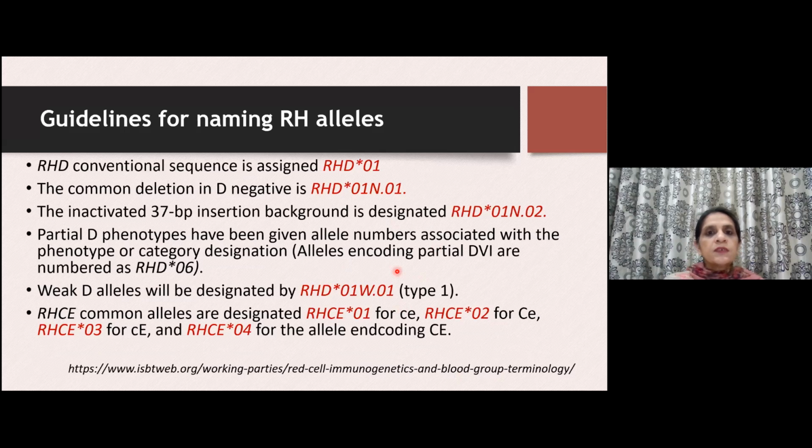The conventional D sequence is assigned RHD*01, and the common deletion in D negative is denoted as N followed by the subtype. The inactivated 37 base pair insertion seen in Africans is denoted as the 02 type. Then we have partial D variants, which are categorized according to the partial D category. Weak D variants are assigned a W, and the CE alleles are assigned as CE followed by the number of the allele.